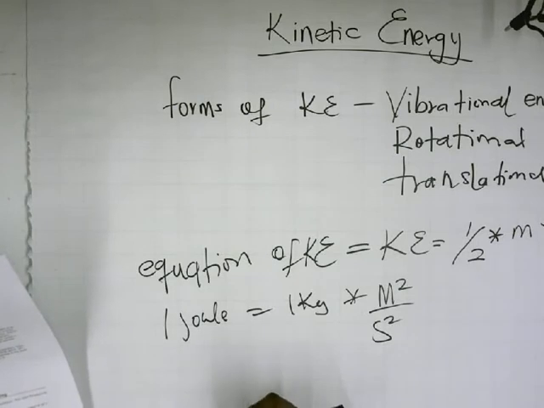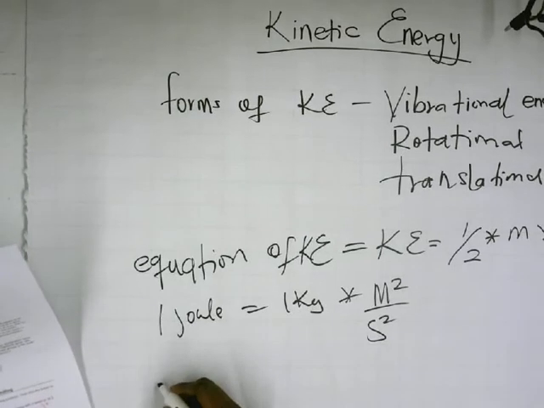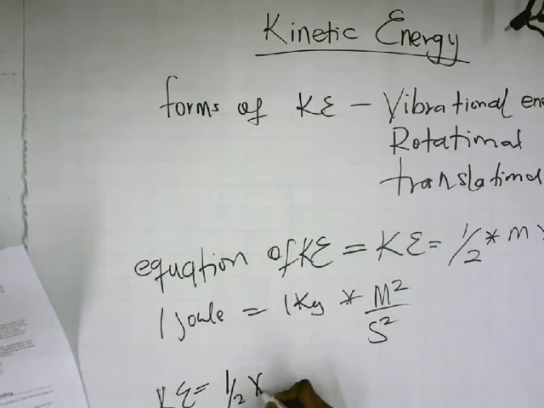Kinetic energy equals half times mass times velocity squared. So KE equals 0.5. I changed the half to 0.5 because that is going to be easier for me to calculate.